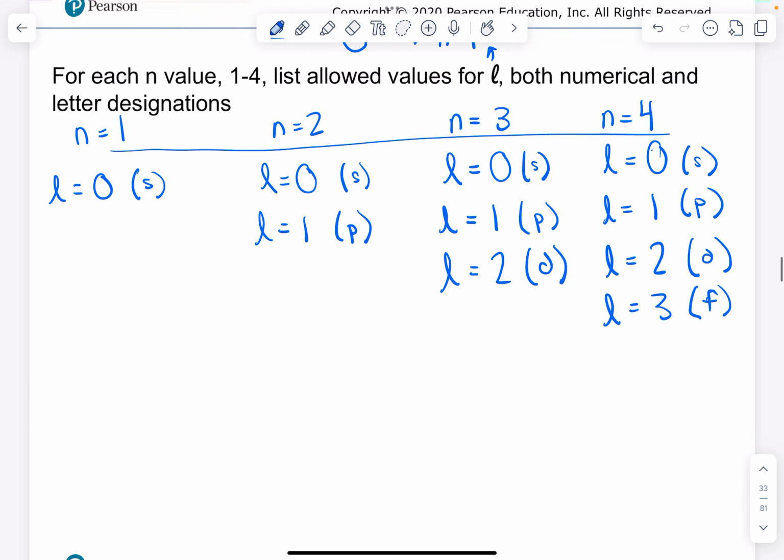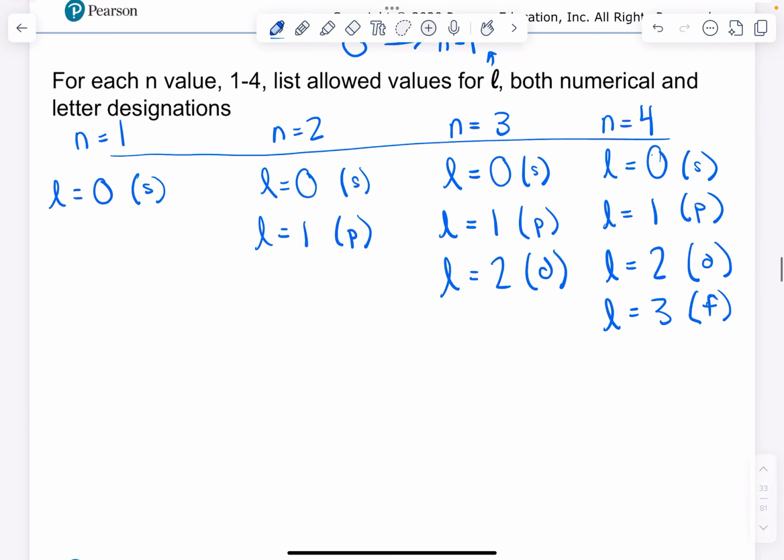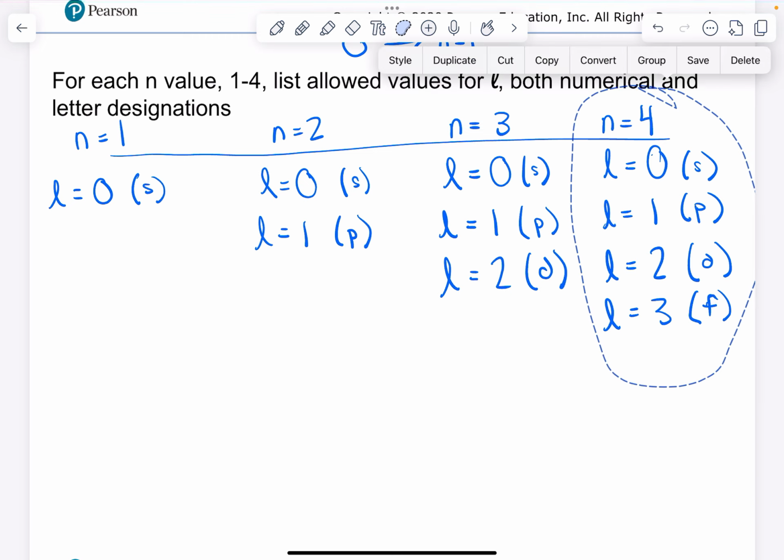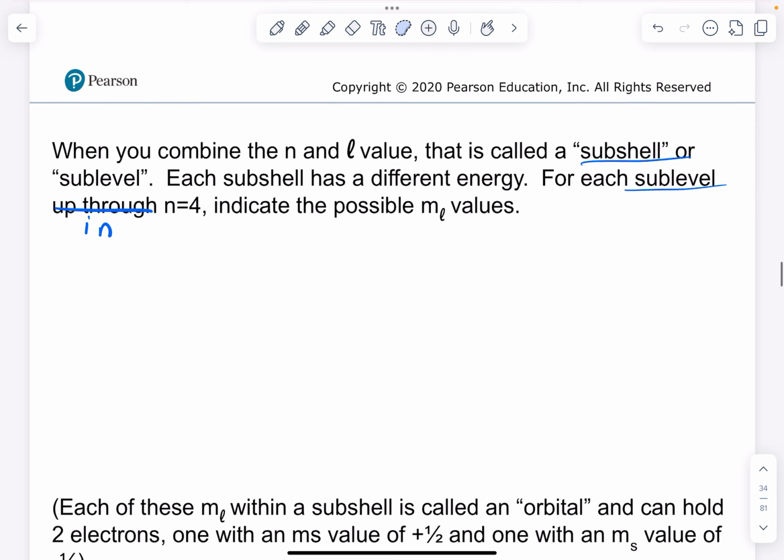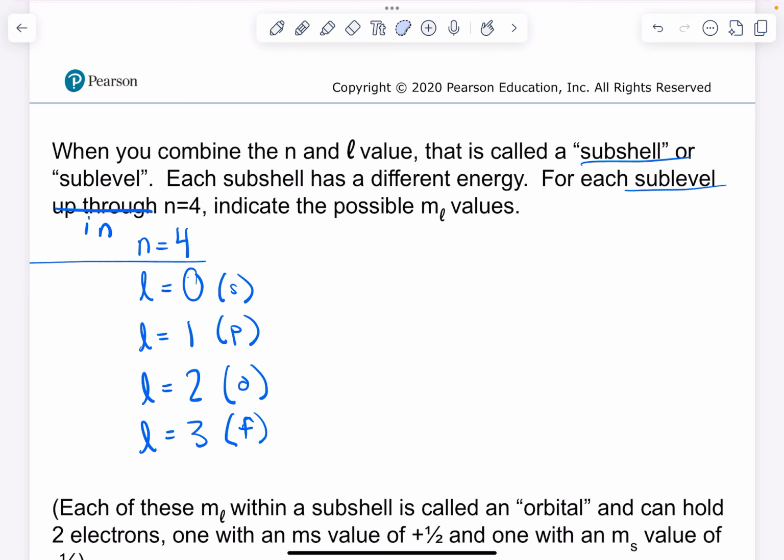Okay, so now what we're going to do, I'm just going to copy these down because it said for n equals 4. For each sublevel in n equals 4, indicate the possible M sub L values.